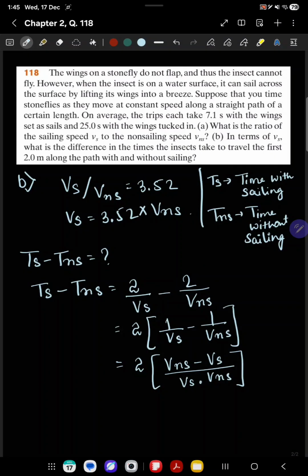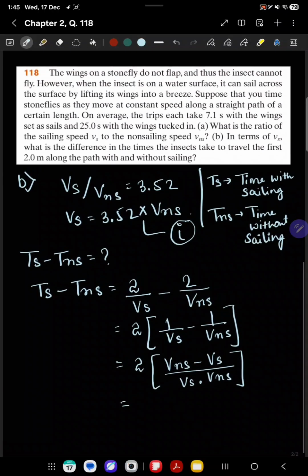Now we can put Vs as 3.52 into Vns, and we can easily calculate the time difference. Okay, so from this equation, putting Vs equal to 3.52 into Vns, we can find out the value that we need to find here.